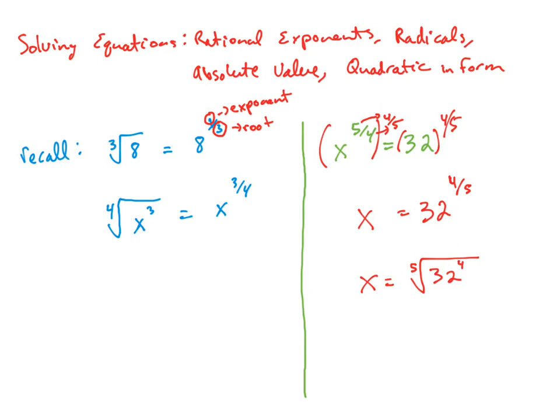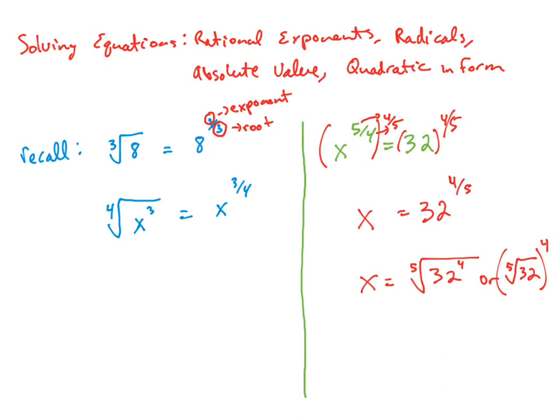We can evaluate the exponent first, 32 to the 4th, or we can take the 5th root of 32 first and then raise it to the 4th. So both of these are equivalent.